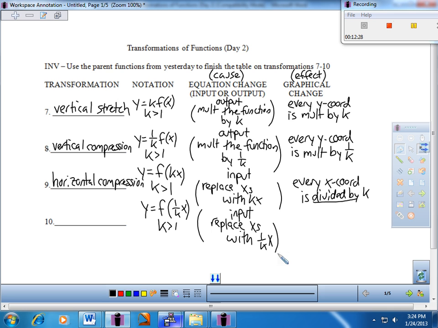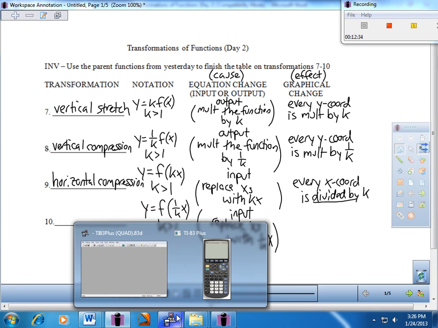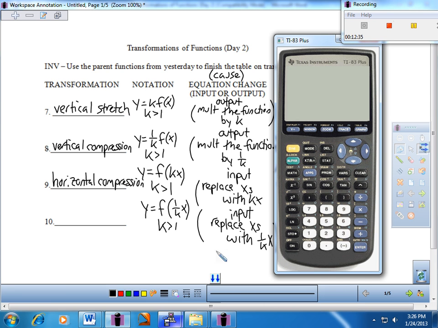Okay, so let's do that same family of functions. Let's do absolute value. Again, input, and instead of replacing that with a 2x, why don't we go right in here and replace it with like a 1/2 x, so a 1 over 2x. Again, scale factor of 2, but the way it is input into the function, it's going to be 1 over 2.